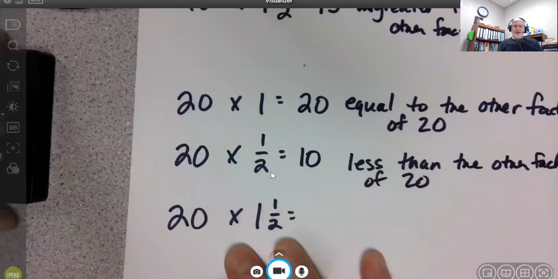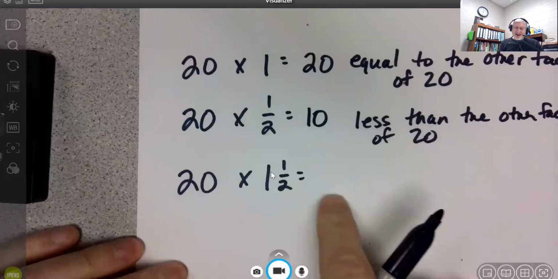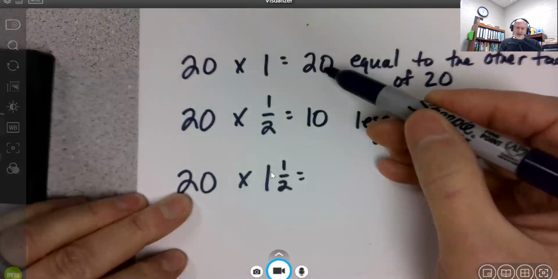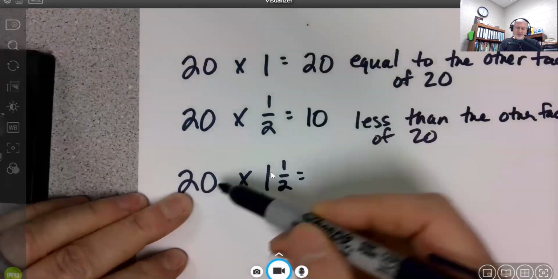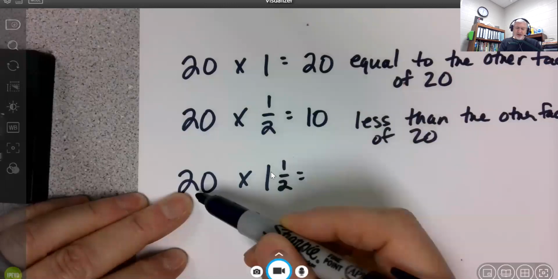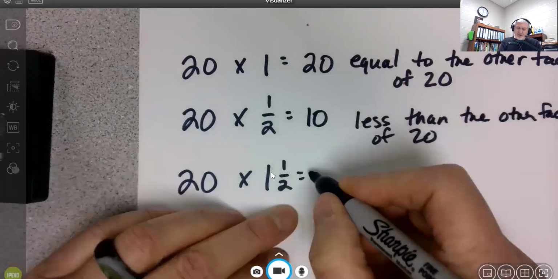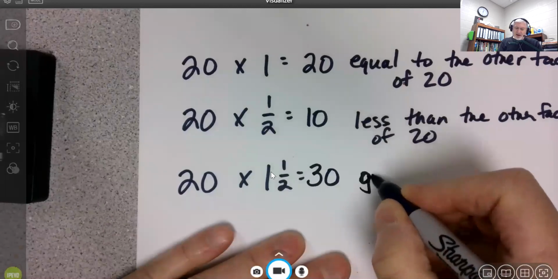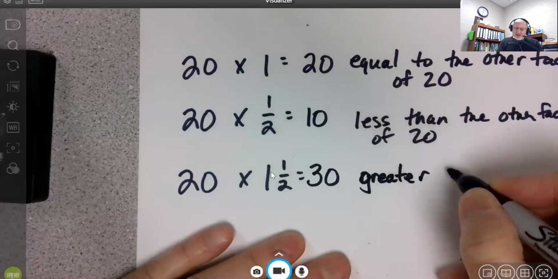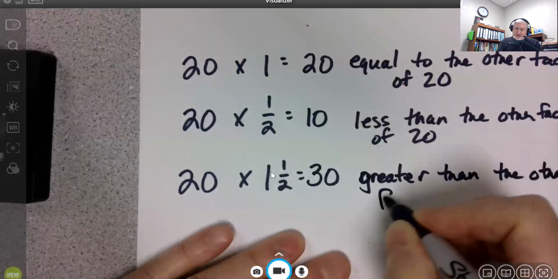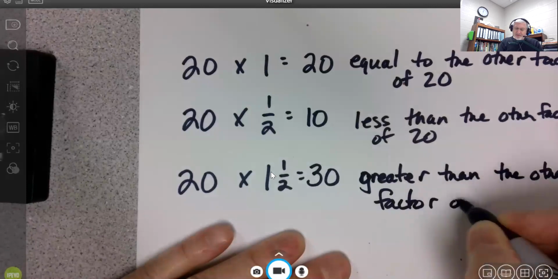And then our last example is 20 times 1 1/2. Well, again, 20 times 1 is 20, 20 times 1/2 is 10, well, 20 times 1 1/2 then would be 30, and 30 is greater than the other factor of 20.